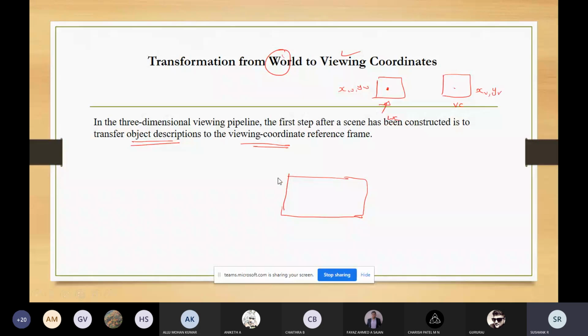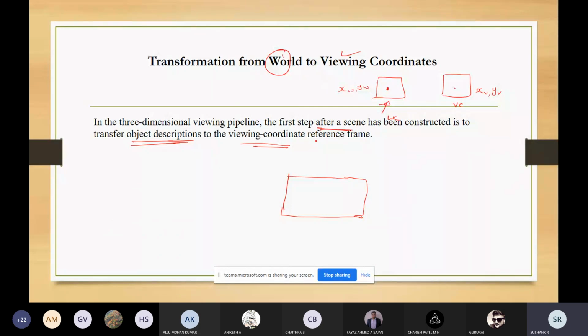So here, the scene has already been constructed. Once the scene has been constructed, you have to transfer the object description to the viewing coordinate reference frame. This will be the first step. How do you do that? You can get the object description based on the coordinate positions. So the first step is to construct the scene.